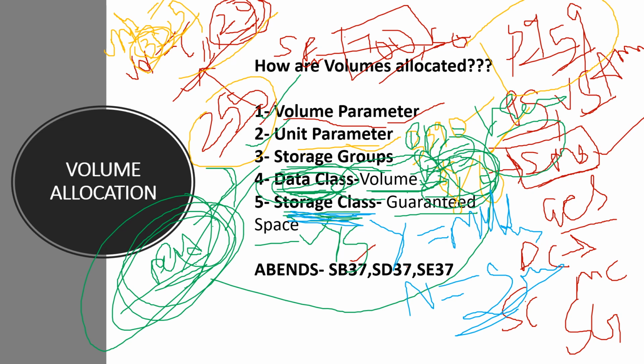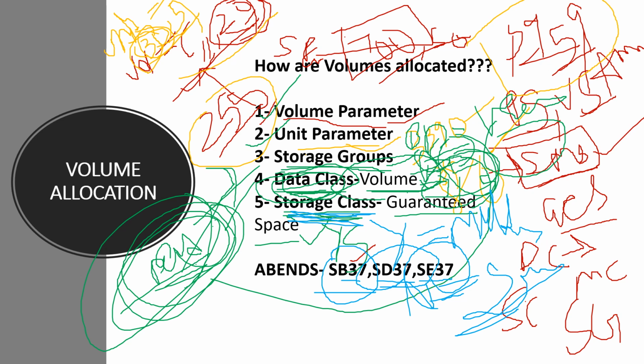And I've told you about abends. These are the abends you mostly get: SB37, SD37 and SE37. If there isn't enough space while creating a data set, or there isn't a proper allocation in the secondary, or there is no space in the volume, you get SE37.